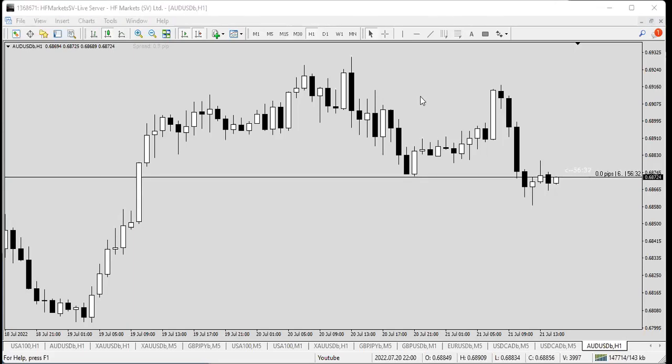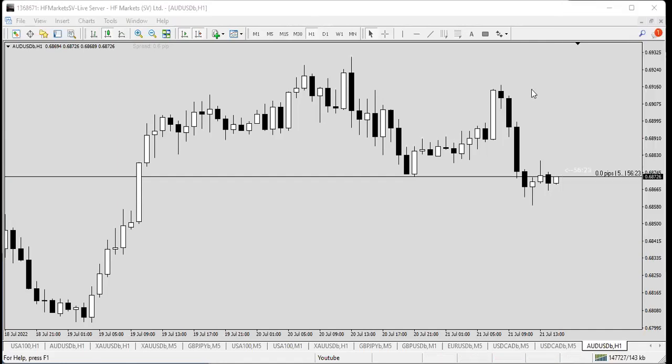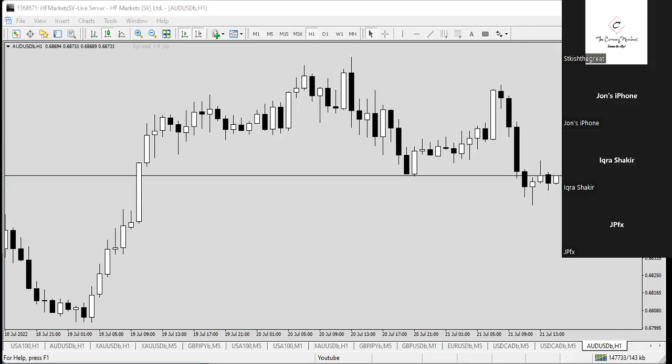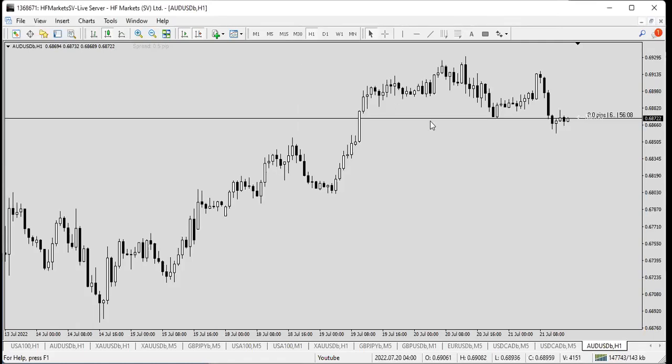So looking at AU, what do we have here? Making sure that this doesn't pop up on the chart. So what do we have here for AU? Looking at the hourly range and price action that's happening on the hourly chart.